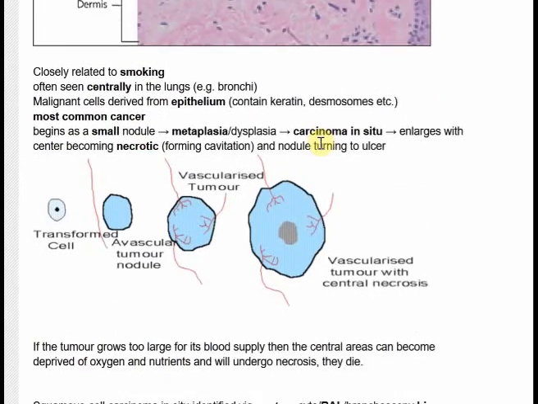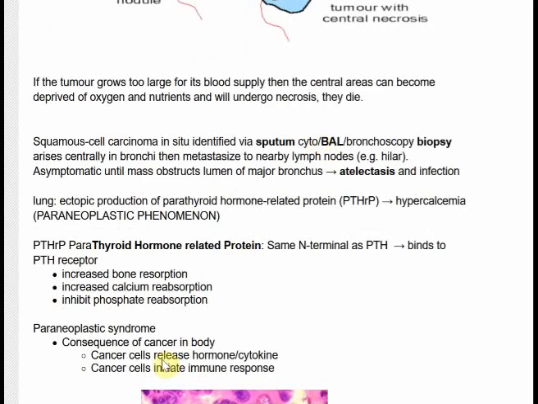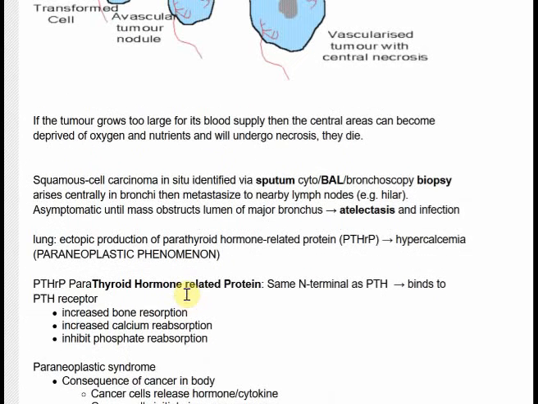And what that does, although it's not a metastasis itself, is it increases bone resorption, increases calcium reabsorption, and inhibits phosphate reabsorption. And therefore it increases calcium level. So yeah, this is PTH-rp, found not uncommonly in squamous lung cancer.